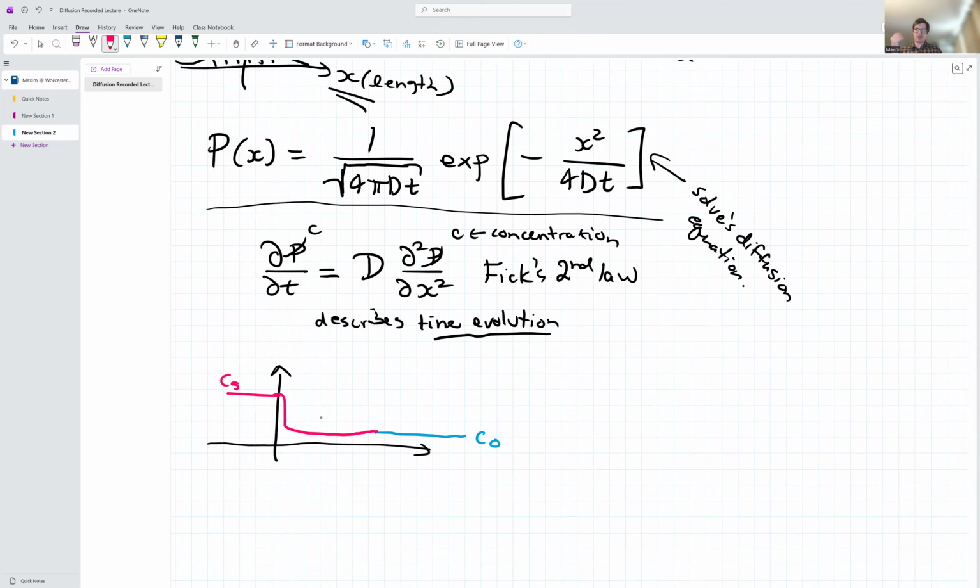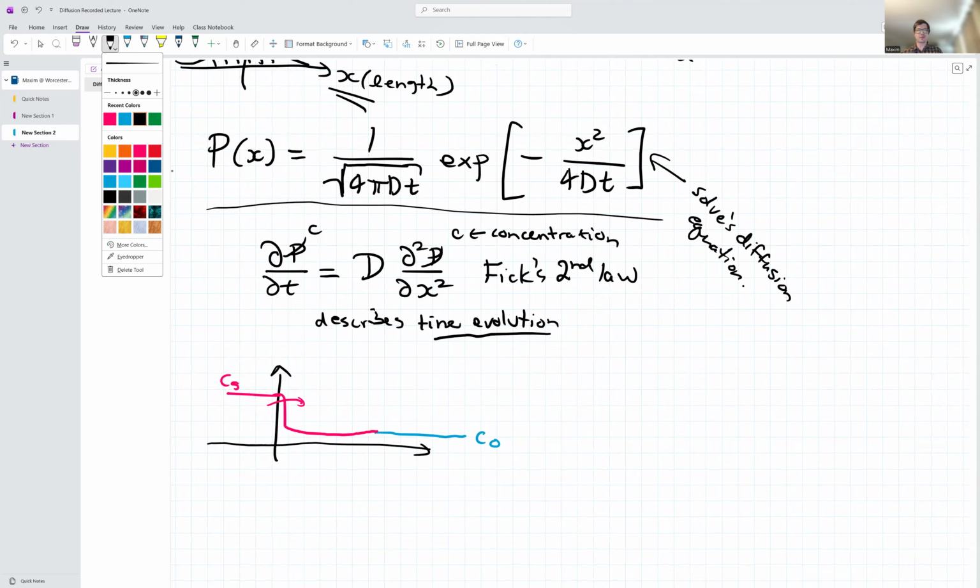since this ultimately describes random walkers moving around, if you start with a lot of random walkers on the left and not so many on the right, like a smaller concentration, it's more likely for the random walkers to move over from the high concentration region to the low. They'll just hop. And what will happen over time is that the concentration smooths out.